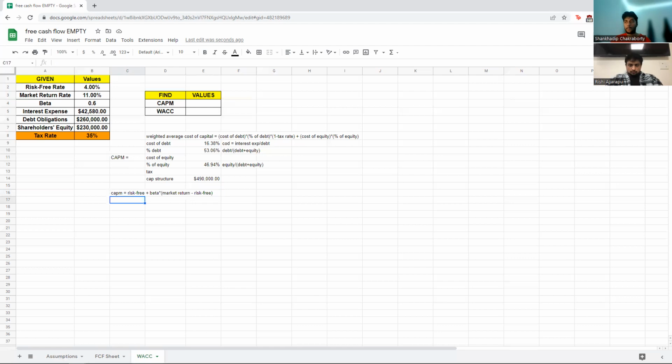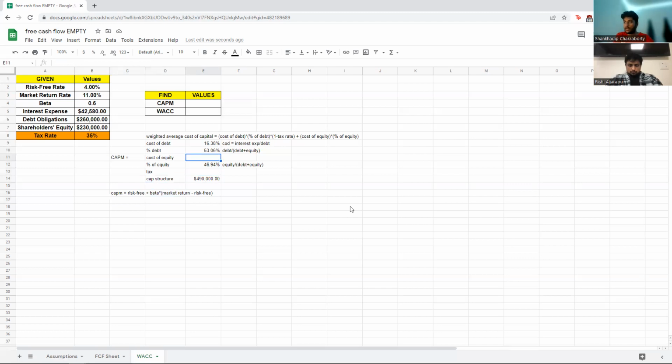That is basically the opportunity cost of an investor's risk aversion. So how much is the investor going to accept in order to take on more risk in the market? That's what market return minus risk-free is. It's called the market risk premium. We went over that before as well.